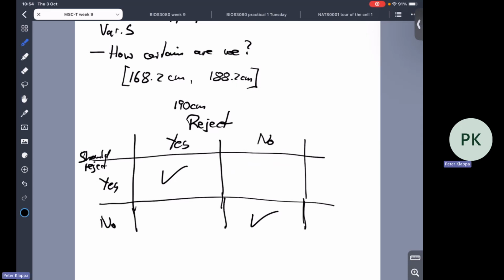We have got 2 more cases where the bouncer makes an error. If they reject me, but they should not reject me because actually I told the truth.